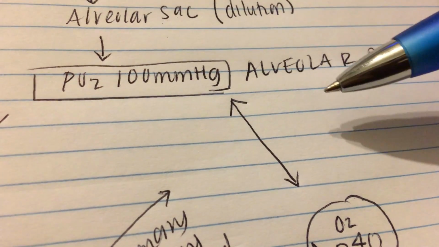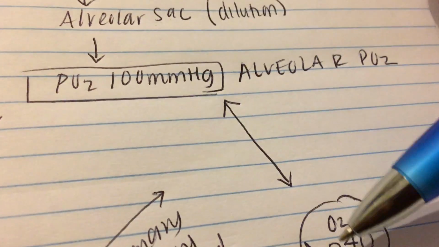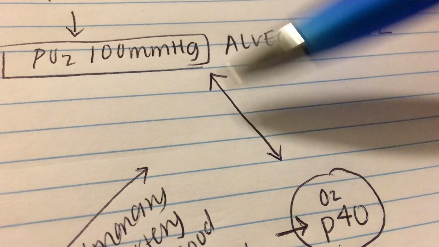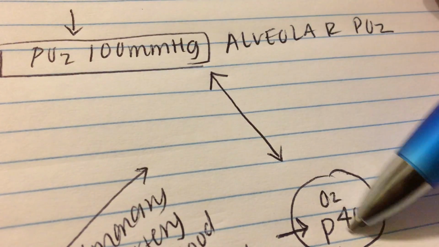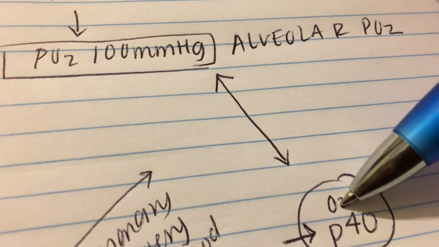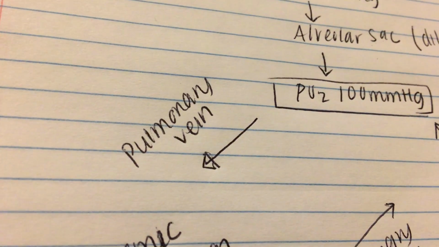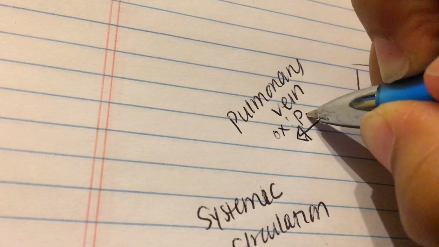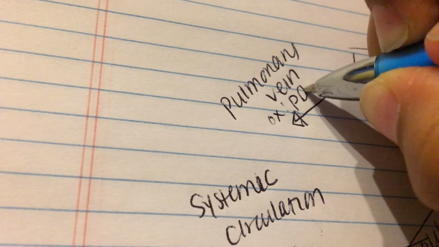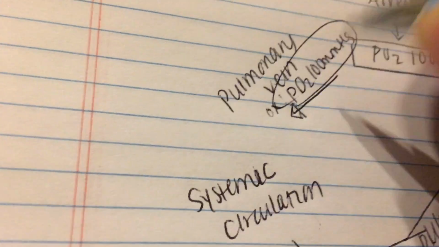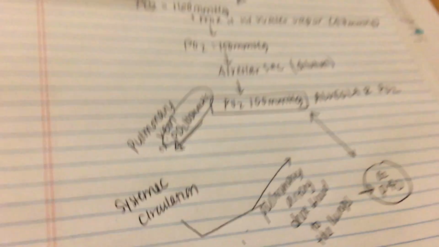So the alveolar pressure of oxygen is 100, red blood cells enter with 40, and then oxygen enters a red blood cell until it reaches a partial pressure of 100. Then the pulmonary vein takes its oxygenated blood. Oxygenated blood has a partial pressure of 100. And then it goes back into the systemic system and you start the whole thing again. Okay?